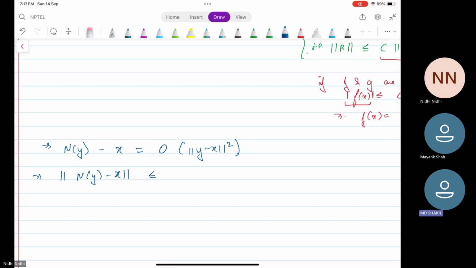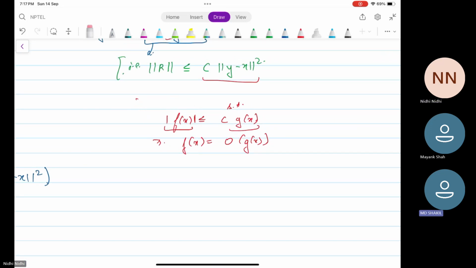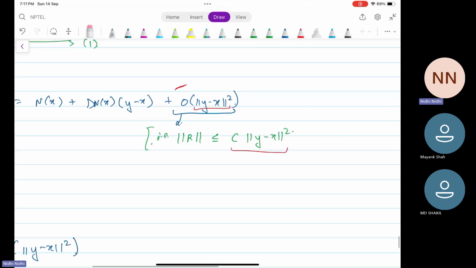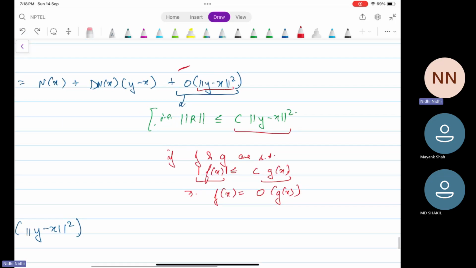Ma'am, what is f(x) here with respect to big O? So this is g(x), just the norm y minus x squared. Here that f(x) is the remainder term of Taylor's theorem. Okay, let me bring that again. So here this f is the remainder term.